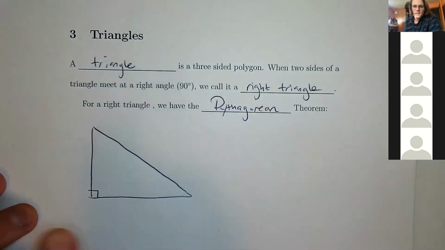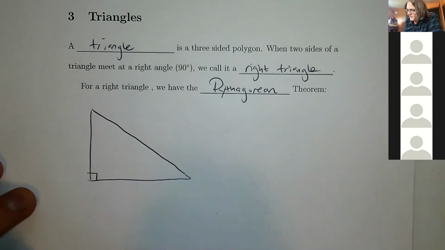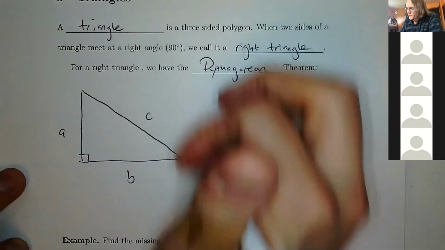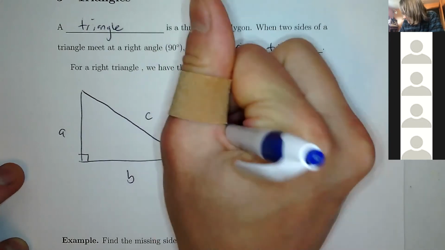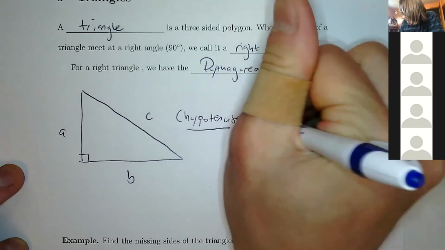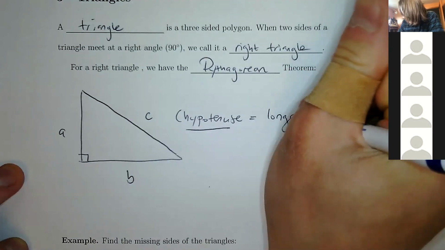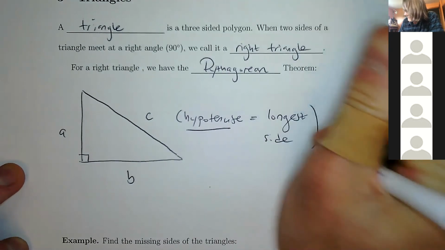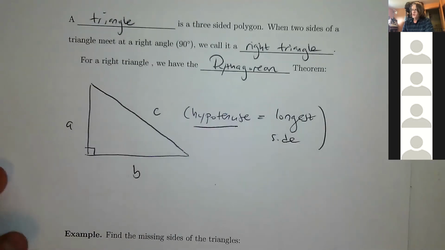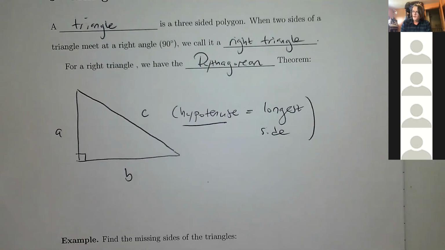So it's right again in the sense that you have 90 degrees, and I'll call the sides A, B, and C. So the C is going to be the hypotenuse. So that's the longest side. And so the hypotenuse will always be opposite the 90 degrees, right? So when you have a triangle, if you add up the degrees in the corners of the triangle, it's going to be 180.